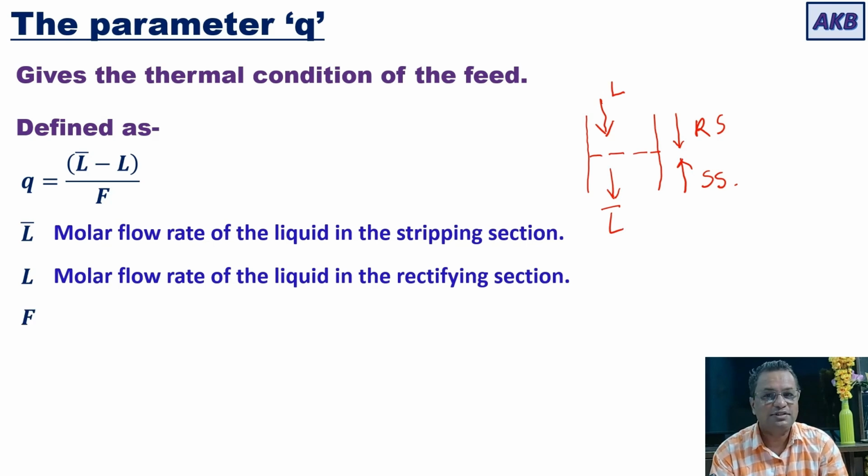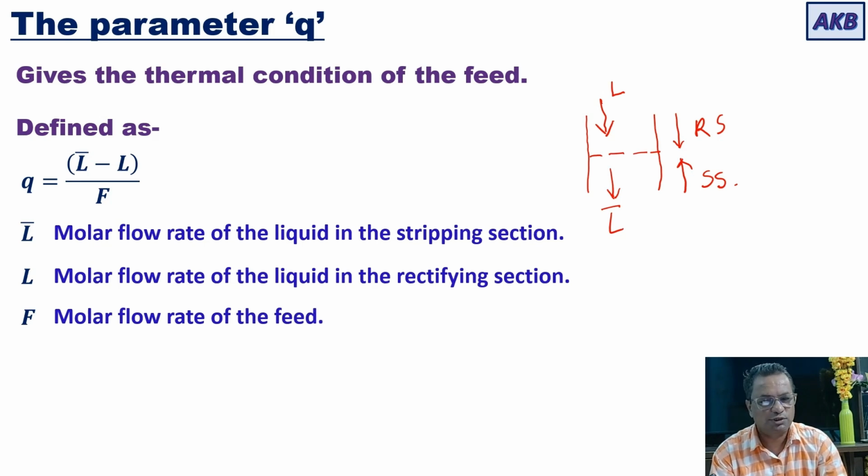And F is the molar flow rate of the feed. What is molar flow rate? Molar flow rate, for example, has units of kilomole per second, moles per unit time.